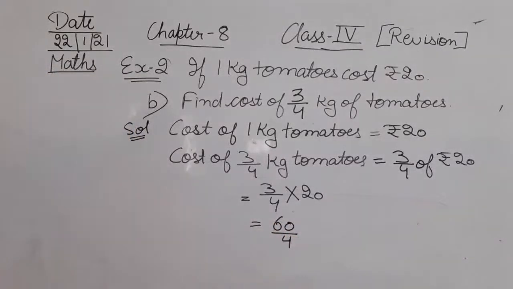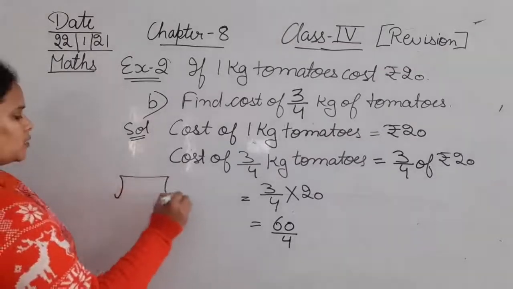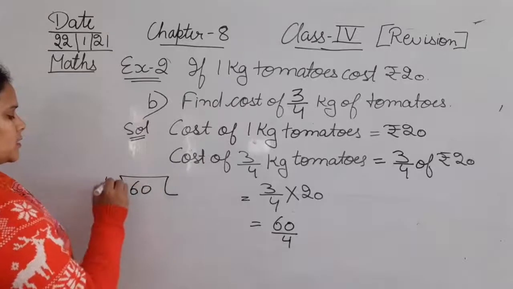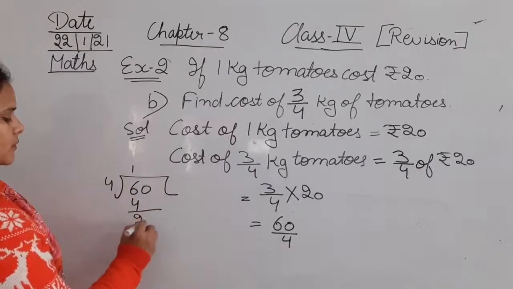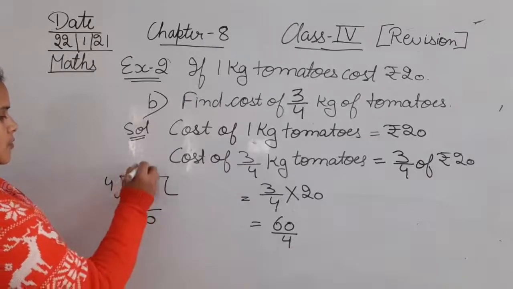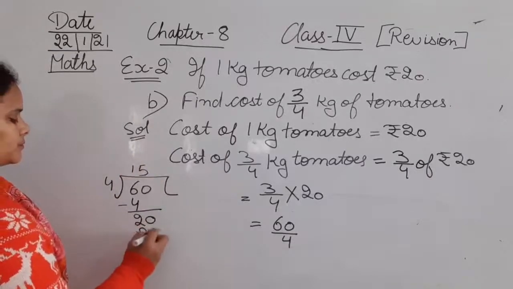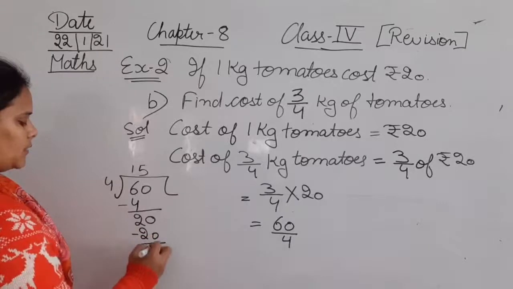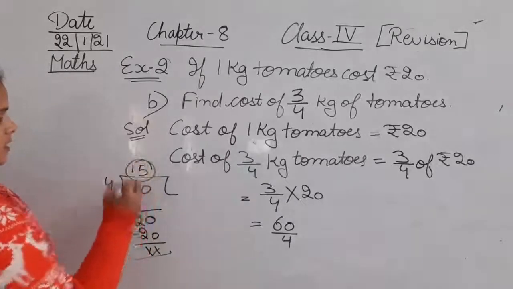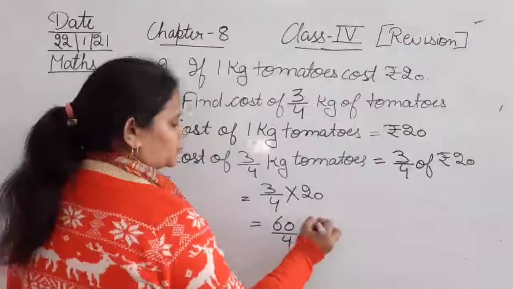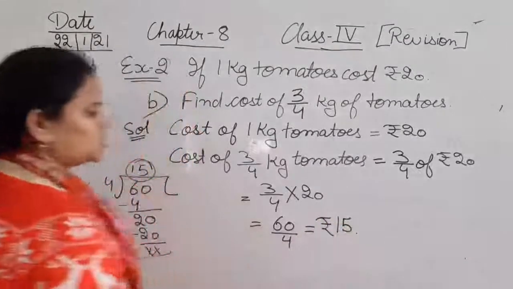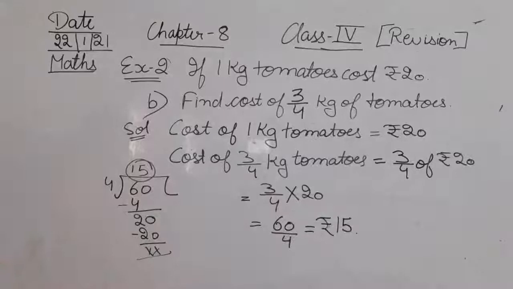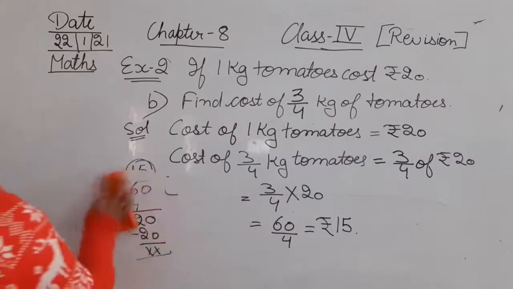Now let's divide 60 with 4. अब हम 60 को 4 से divide करेंगे. So that you can do in the rough. 60 divided by 4. 4 ones are 4, 2, 0. 4 fives are 20. Nothing will be left. So that is 15, is equal to rupees 15. So this rupees 15 is the cost of 3/4 kg of tomatoes.